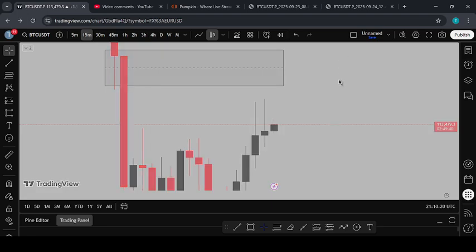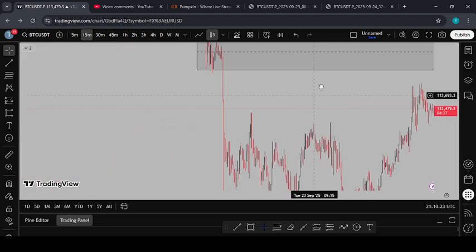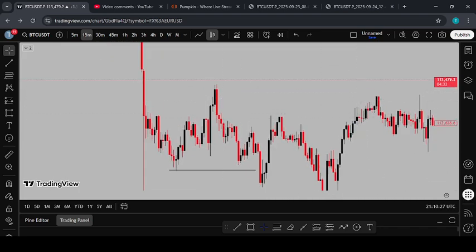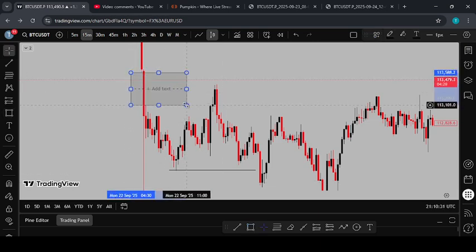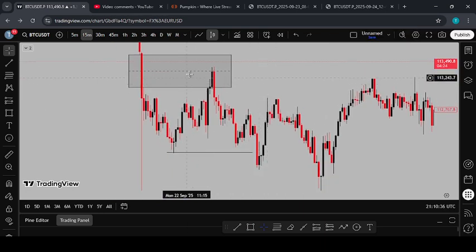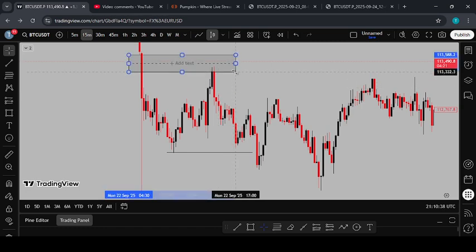So when I went to 15 minutes time frame, I saw things clear, right? On the 15 minute time frame, I could see where this rejection happened from was at this particular point of imbalance right here. So immediately price tapped into the mid level of that 15 minutes imbalance.